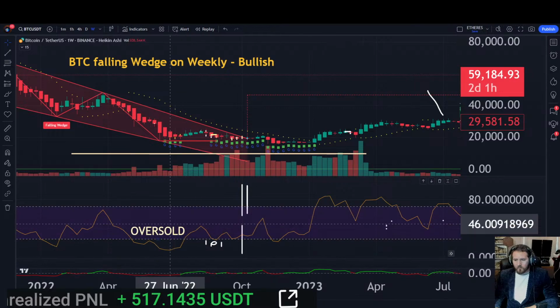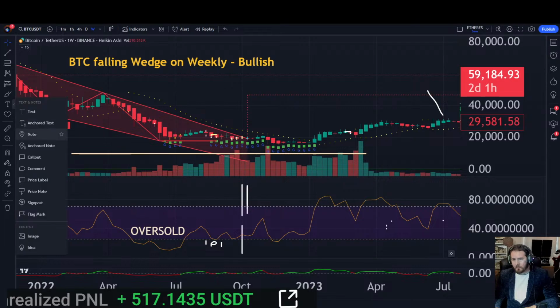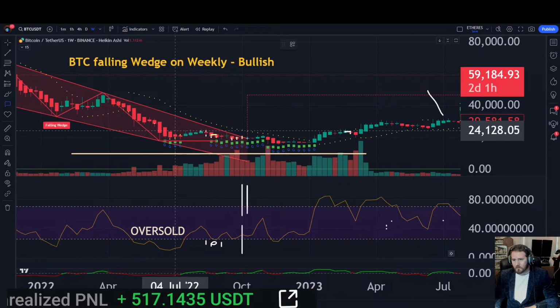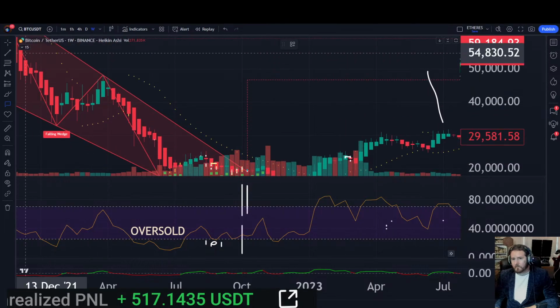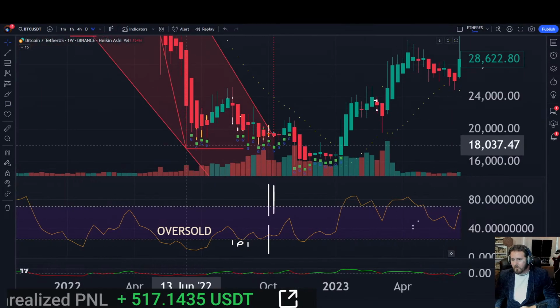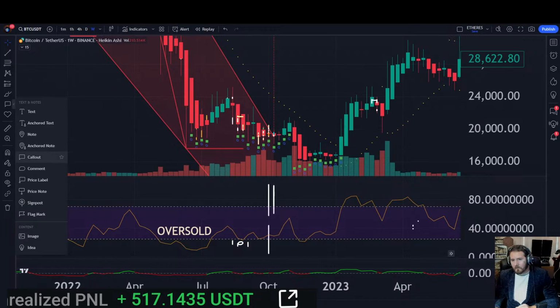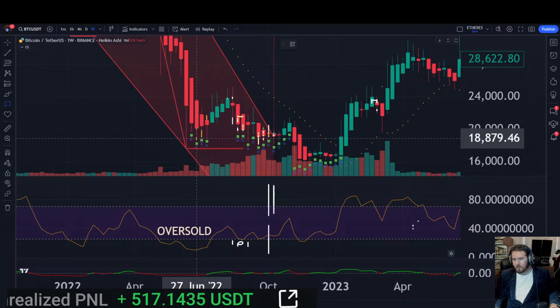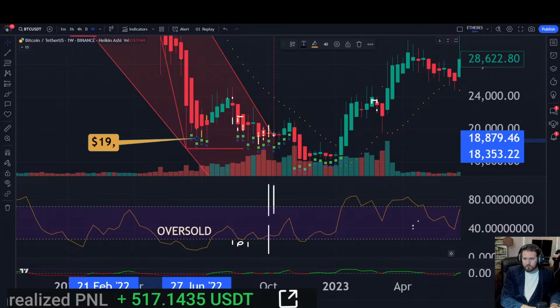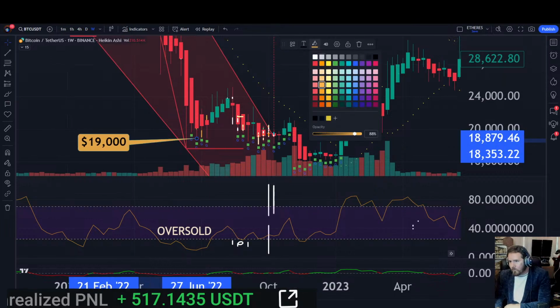So we got oversold here, and then we had a green block on the weekly, which is pretty cool. And this was the price, I'm going to add the price down here as well at the bottoms, about 19,000. Let's make this back white again.